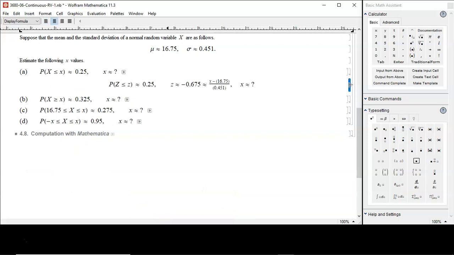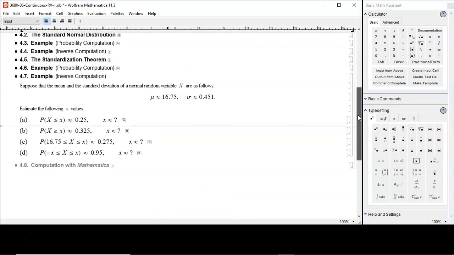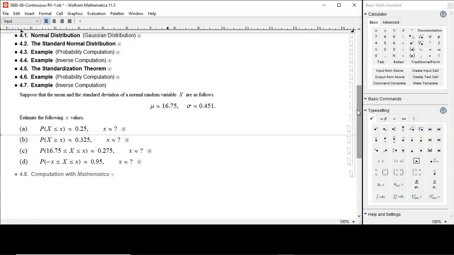There are more problems, but they are kind of like these, and I'm going to leave the details to the students. After all, the key part is x to z conversion or vice versa. For z, we have the normal table, and x for z computation is just scaling. Z equals x minus mu over sigma, that computation.